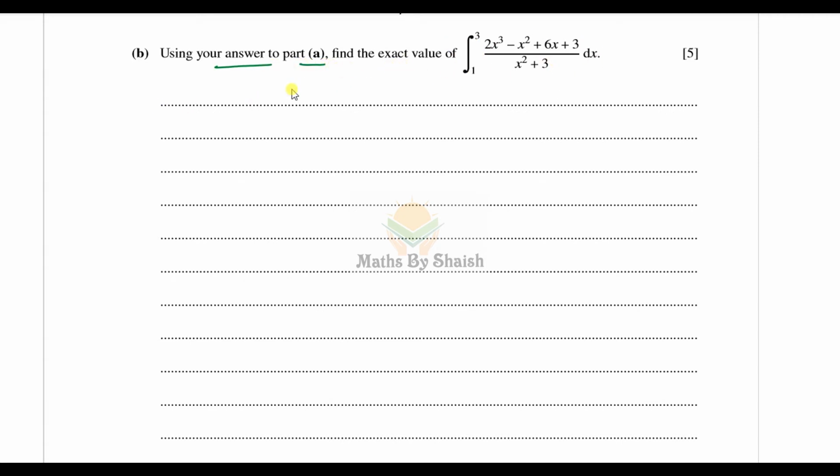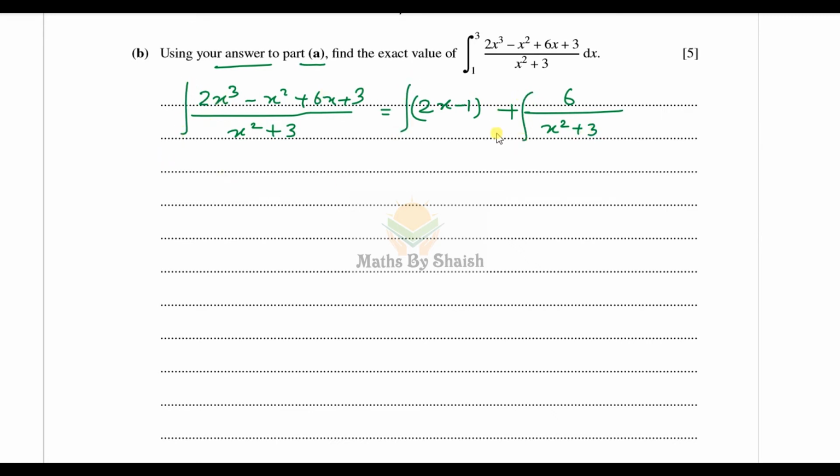So we know that we have already divided and the quotient was 2x minus 1 and the remainder was 6, so we can write 2x cubed minus x squared plus 6x plus 3 whole upon x squared plus 3 as 2x minus 1, that was the quotient, plus remainder over x squared plus 3. So first of all we are going to find the integration of these, and then we'll put the limits.